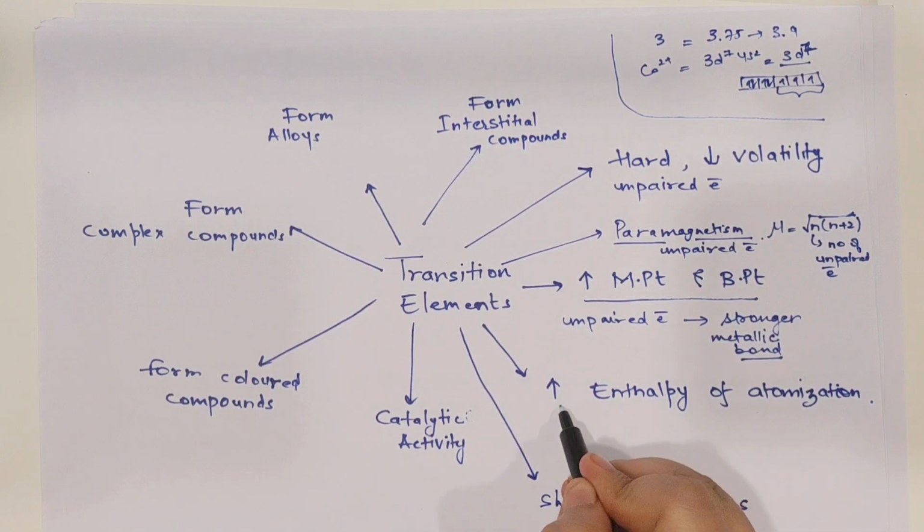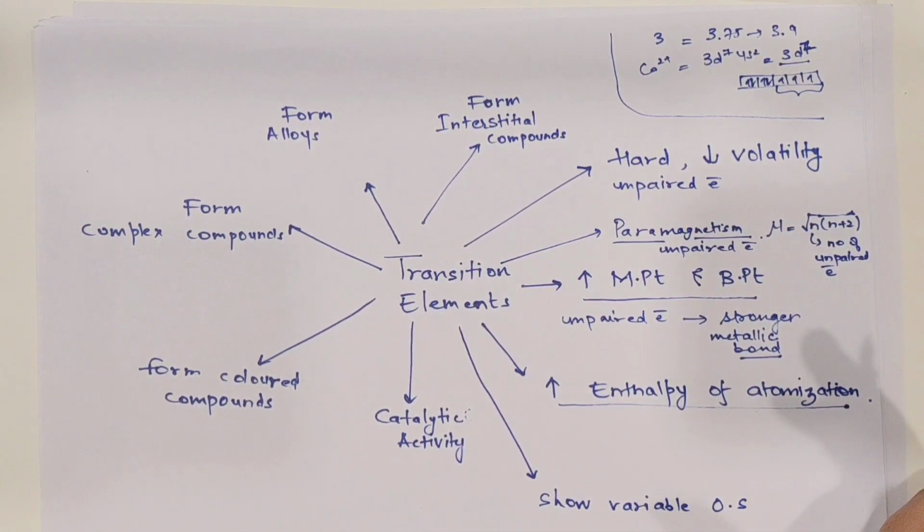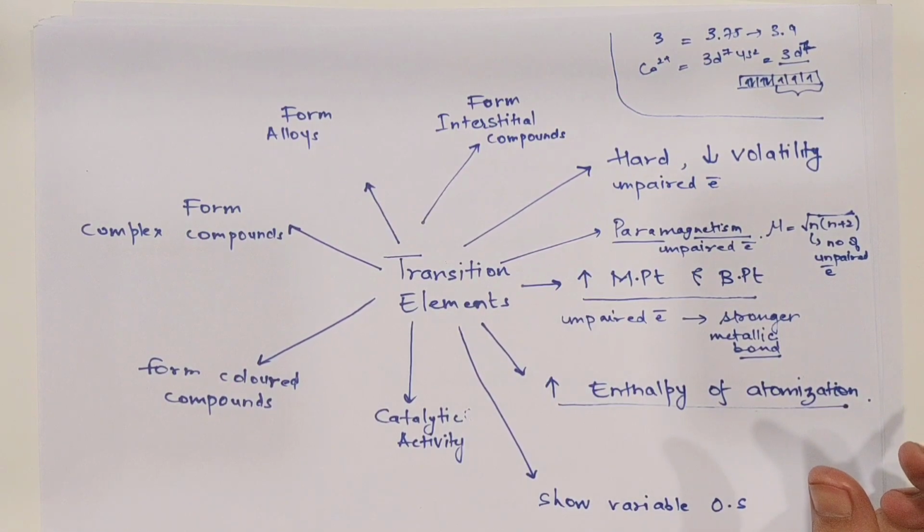Then talking about enthalpy of atomization. Enthalpy of atomization, very simply put, is the enthalpy required to separate a matter into individual atoms. Now, if it has to be separated into individual atoms, obviously energy needs to be given. And if the bonding between those atoms is very strong, you will have to give in more energy to separate those atoms.